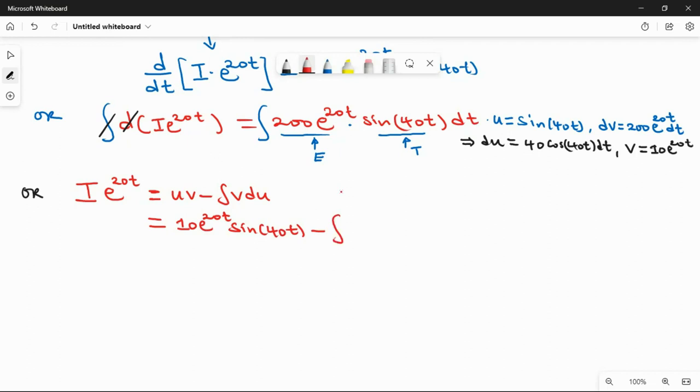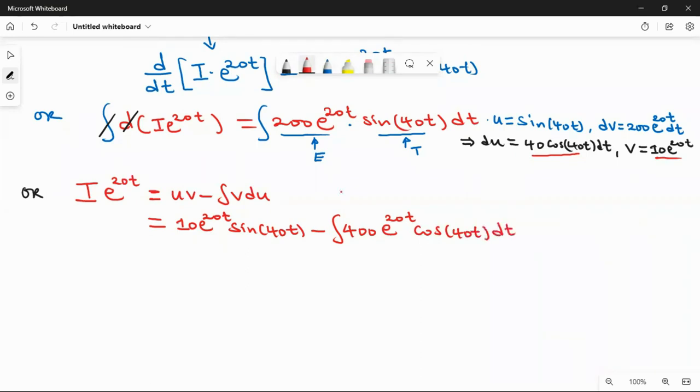Our v is 10 times the exponential function, and we are multiplying by 40 cos 40t, so that will be 400 exponential 20t times cosine of 40t dt.